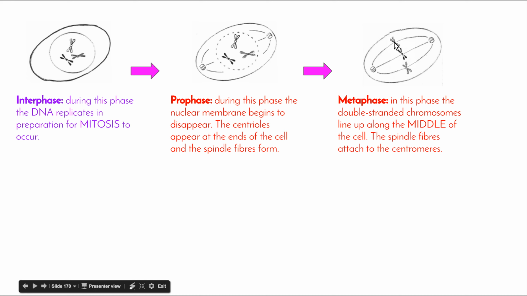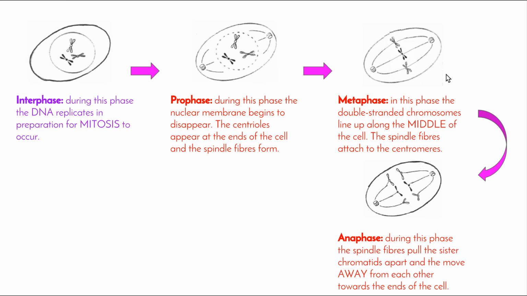So that little bulge in the middle, that little circular structure in the middle, would be our centromere, and our double-stranded chromosomes are attached at the centromere. So the way to remember what happens in metaphase, as we can see, our chromosomes line up in the middle. So metaphase, middle, easy peasy.